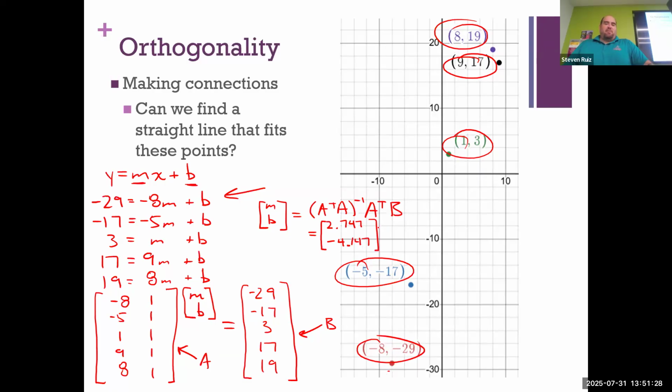Are these numbers logical based on what we were trying to do with them? So a y-intercept of, I don't know, there. Slope of about 3.